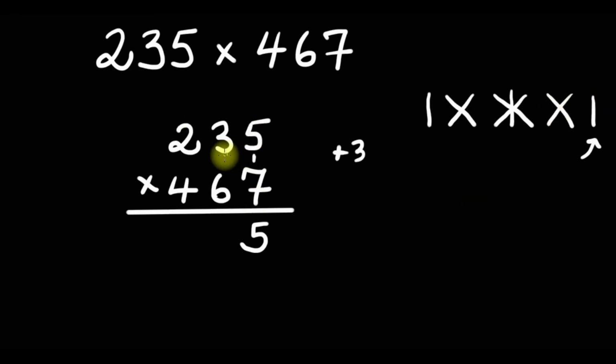So the cross one is going to be 3 times 7. That's 21. Okay, so 3 times 7 is 21. And then 6 times 5 is 30. But then we add this 3. So we get 54. So the 4 is going to go down here.